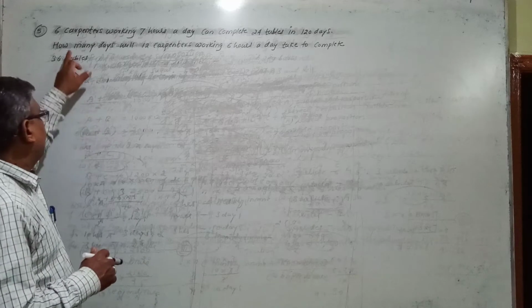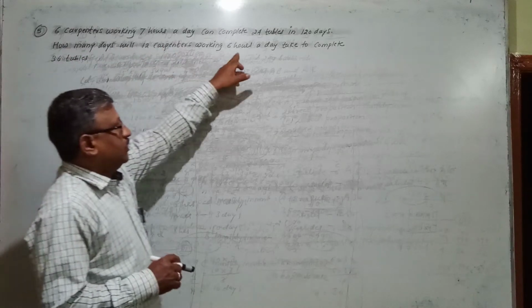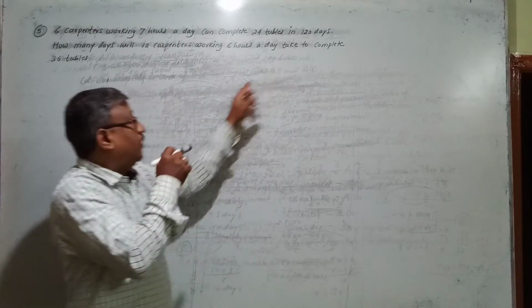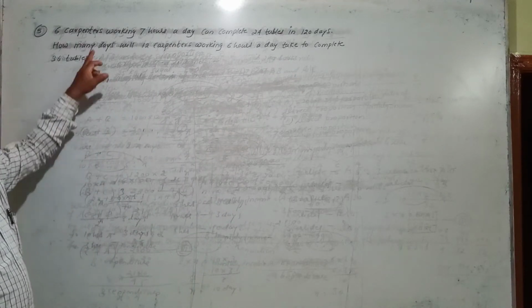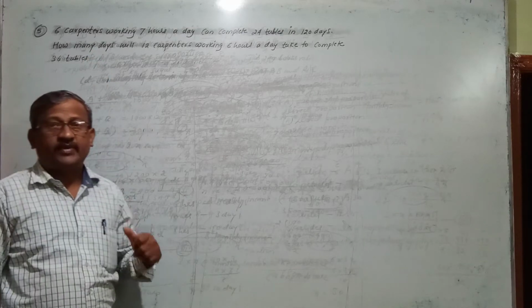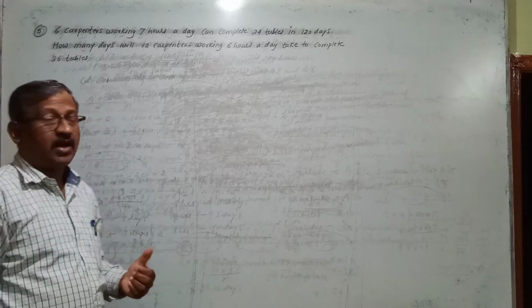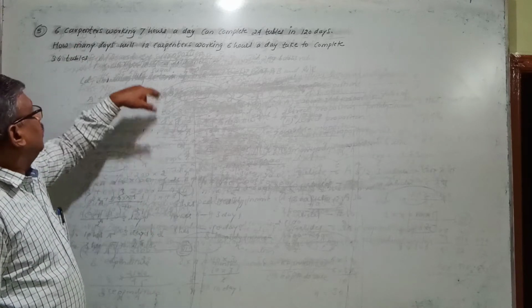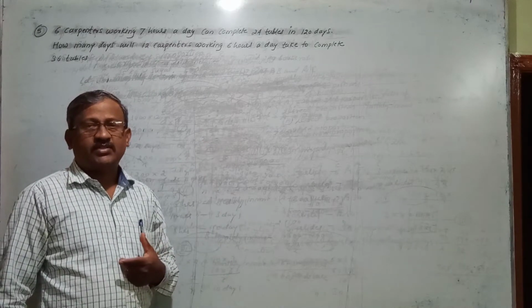And what they have asked you to calculate: how many days will 12 carpenters working 6 hours daily take to complete 36 tables? So what do we have to find here? We have to find out the number of days. How many days are required for 12 carpenters if they work 6 hours daily to complete 36 tables.